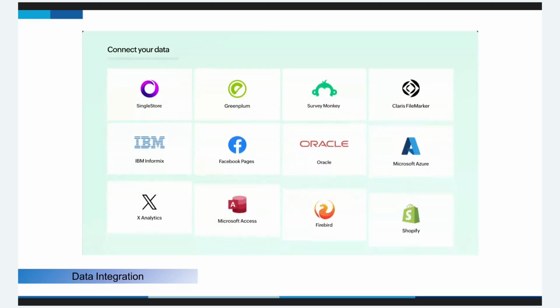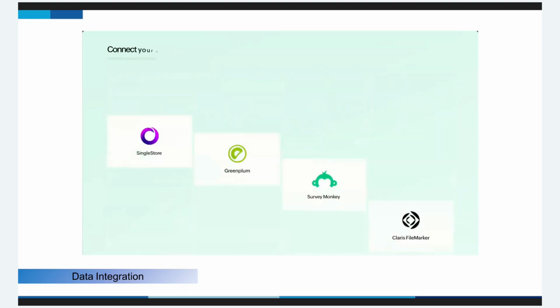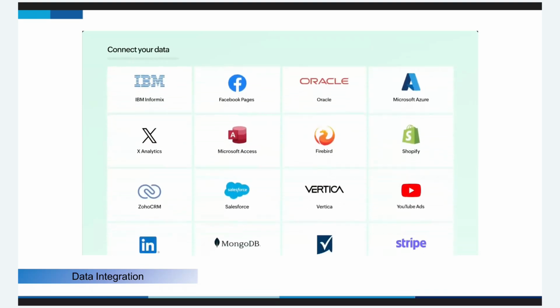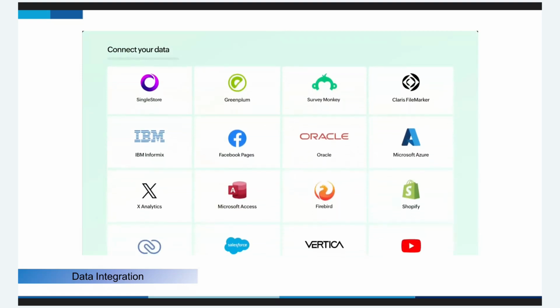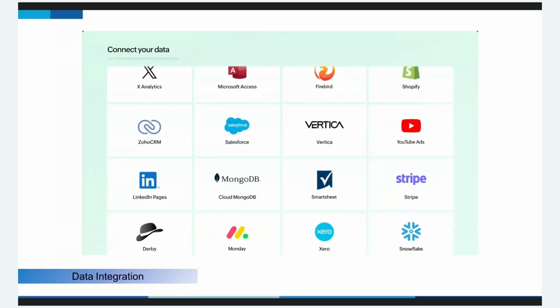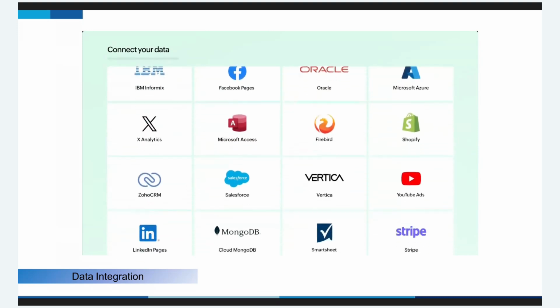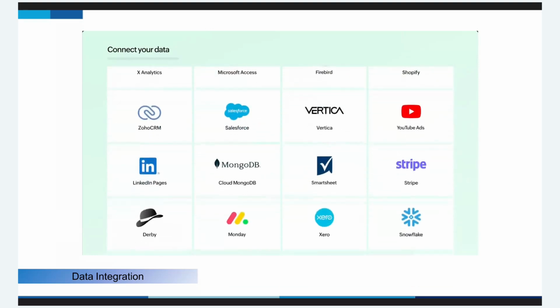So let's start with the foundation, the data integration. This is actually the first and most crucial step in analytics. Zoho Analytics allows you to import data from a wide variety of sources, be it Zoho apps like CRM, as mentioned earlier, Campaigns and Survey, or third-party services like Google Ads, Facebook, Shopify, and many others.